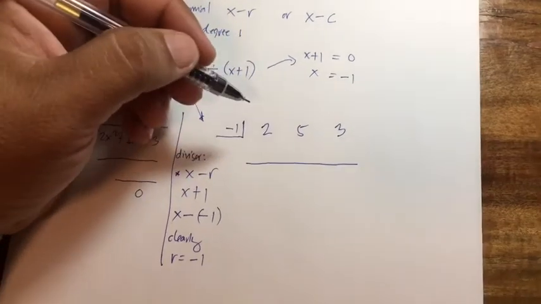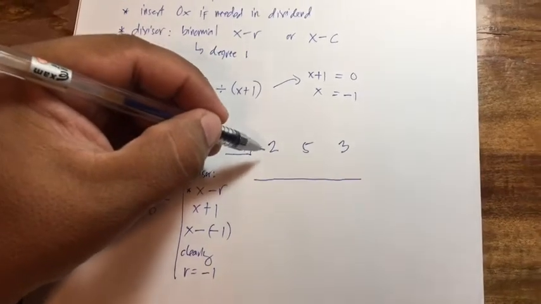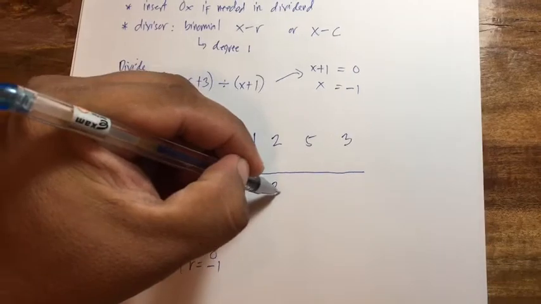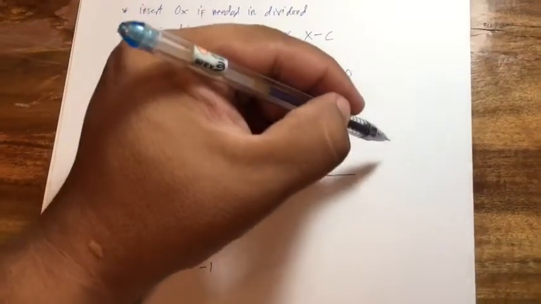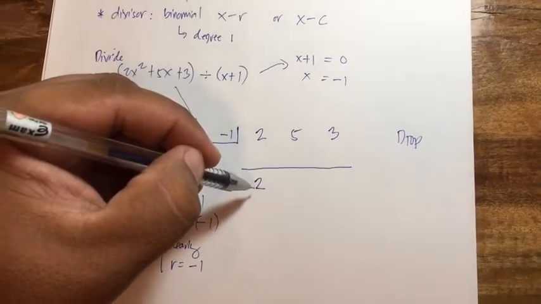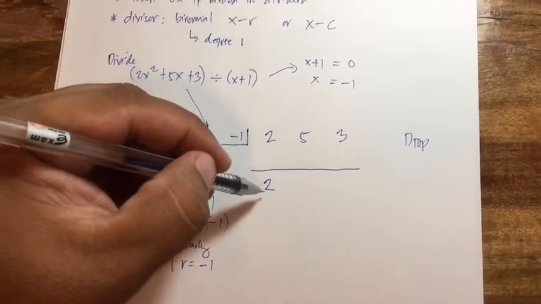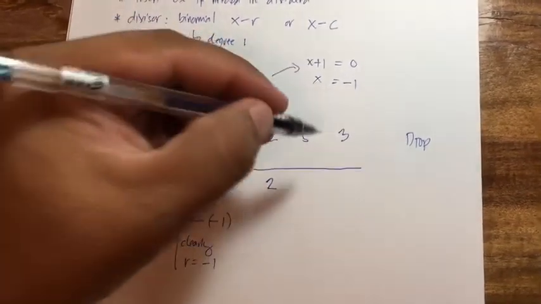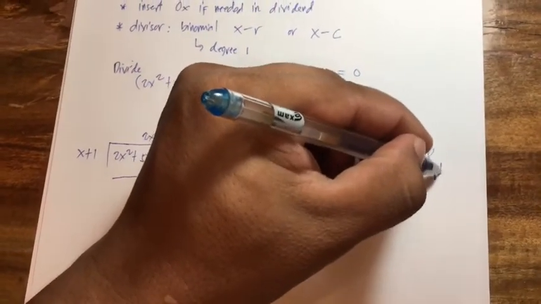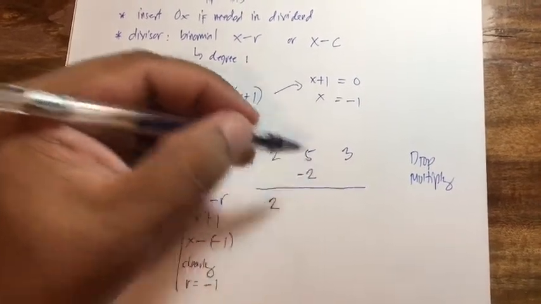With this, we will drop our leading coefficient 2. This is actually our synthetic division process. After dropping 2, we multiply 2 by our value of r. 2 times negative 1 is negative 2.